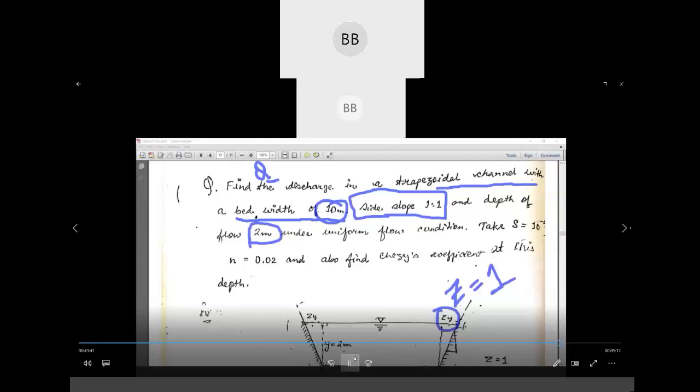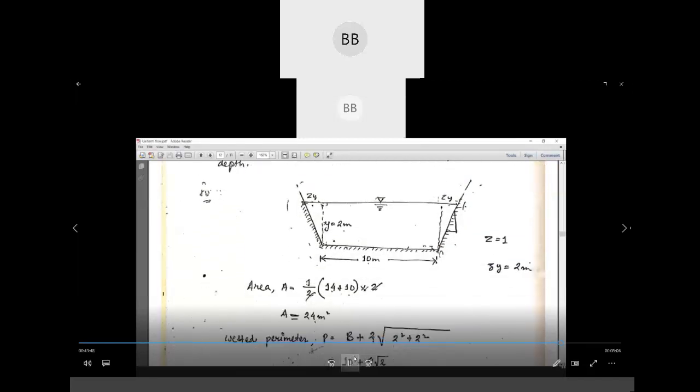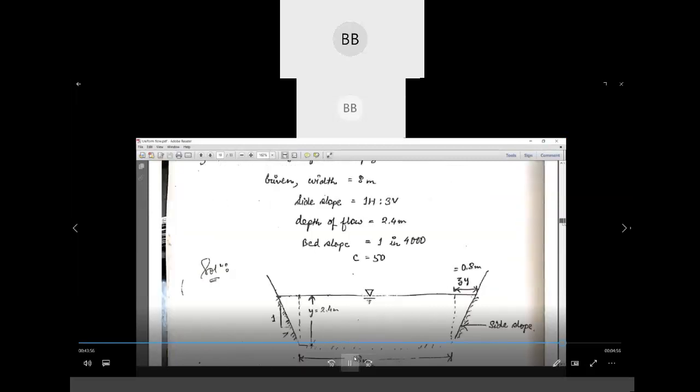Slope is given. Slope is not visible here. Let me see. Okay, slope is nothing but your 10 to the power minus 4.